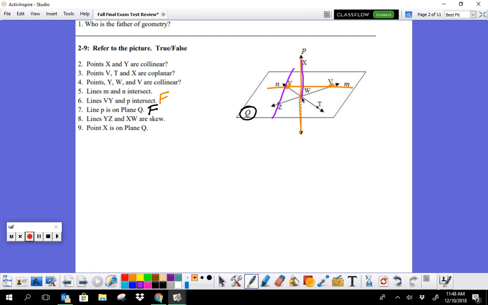Okay, you might also hear not parallel and do not intersect. Okay, and those are non-intersecting and they are non-coplanar. So that one is true. Those lines are skew. And the last one, point X is on plane Q. Okay, well, X is up here, plane Q is down here. So no, that's pretty obvious to tell that X is not on plane Q.